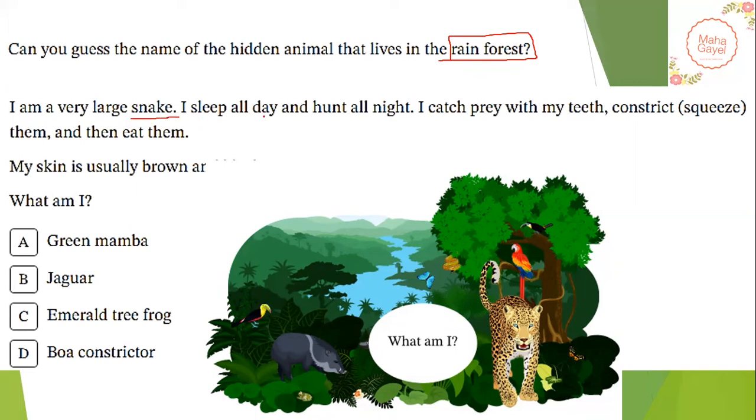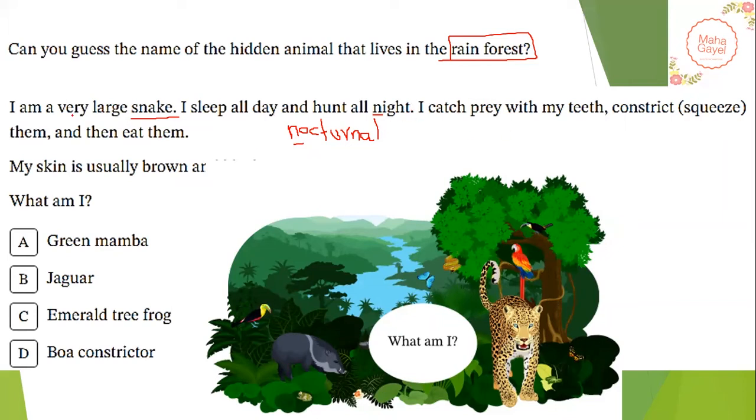I sleep all the day and hunt all night. So it's a nocturnal animal. Don't forget nocturnal, N, and night, N. So nocturnal means we wake up at night and hunt at night.